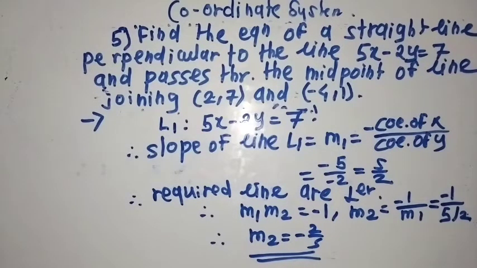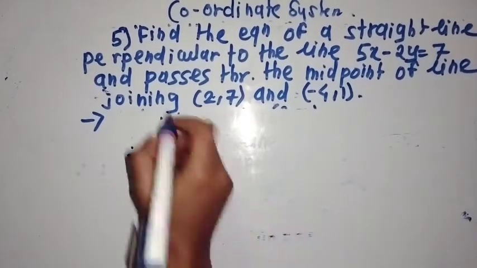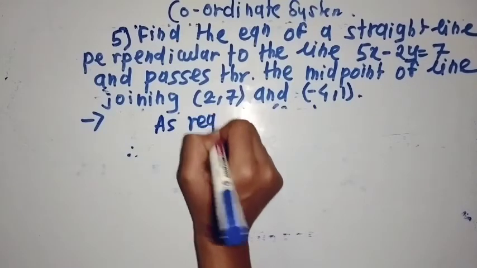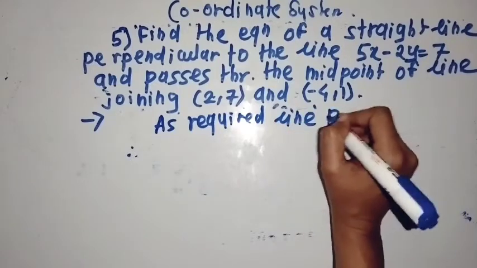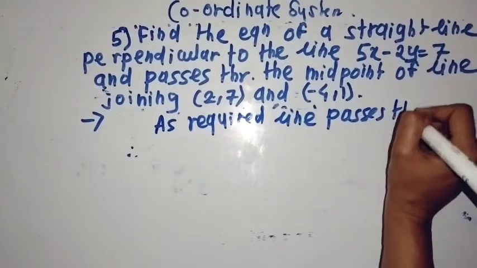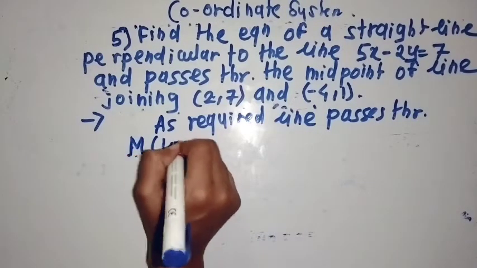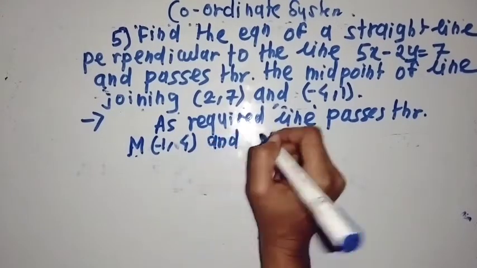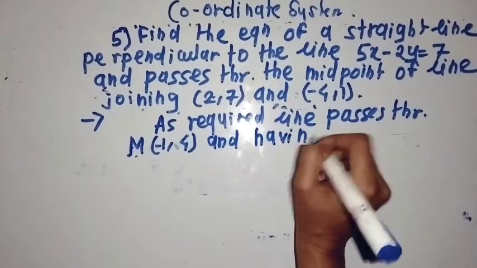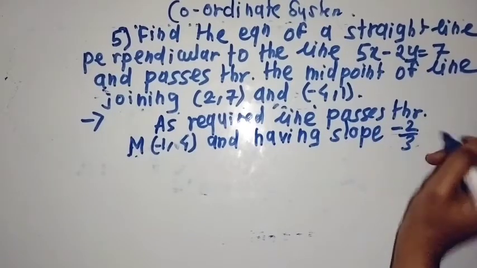Hence we find m2. The required line passes through M(minus 1, 4) and has slope m2 equal to minus 2 upon 5.